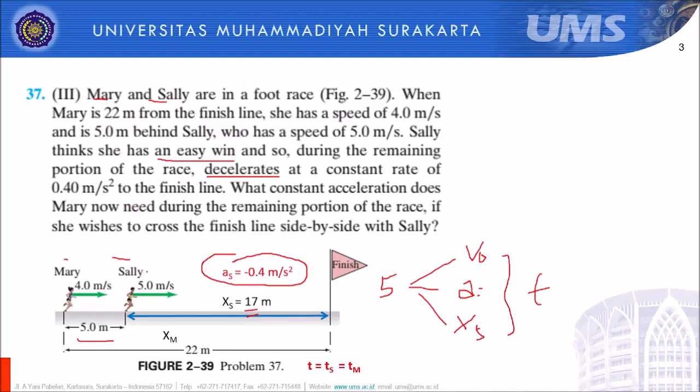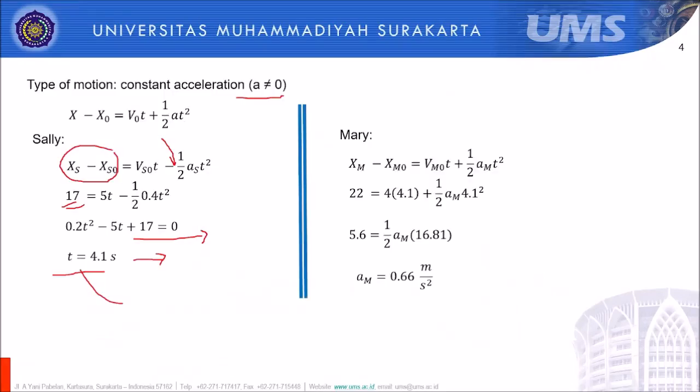The question is what constant acceleration does Mary need. So now we talk about Mary. We have V0, the time, and the distance, so we can solve easily.